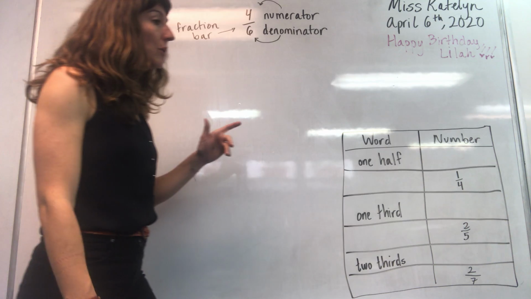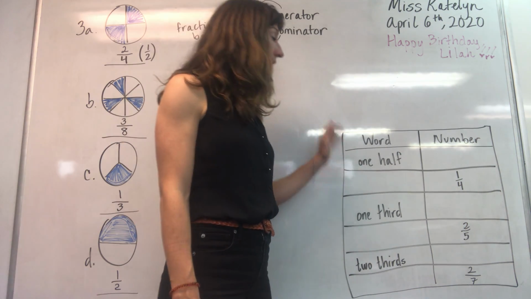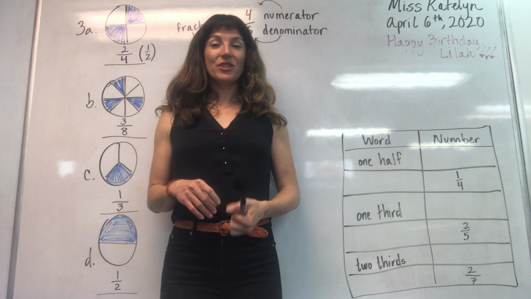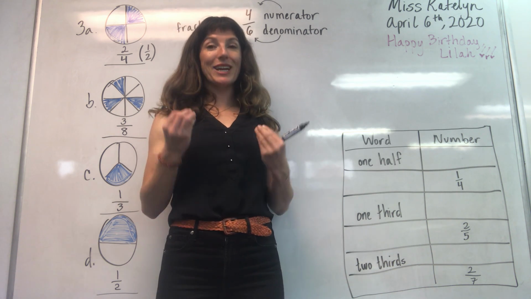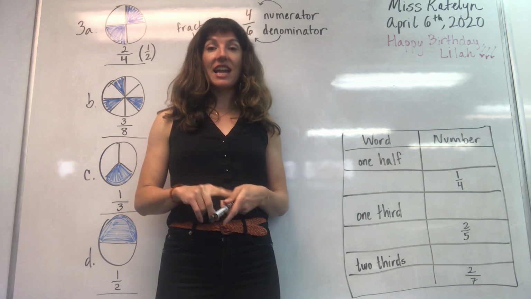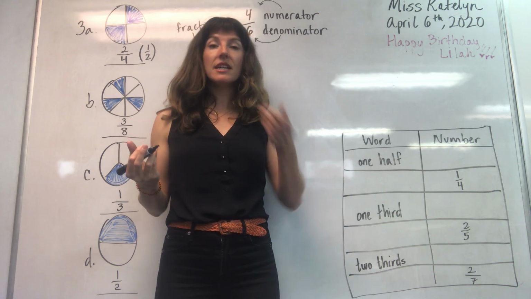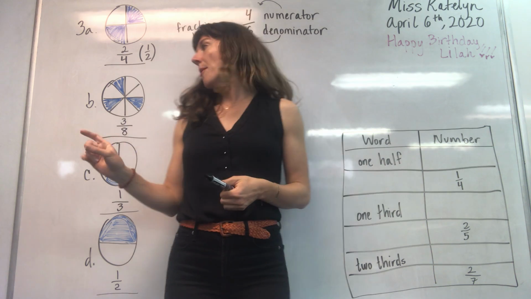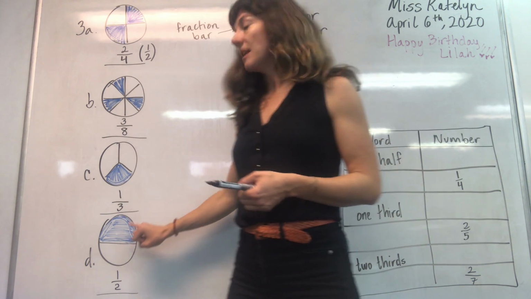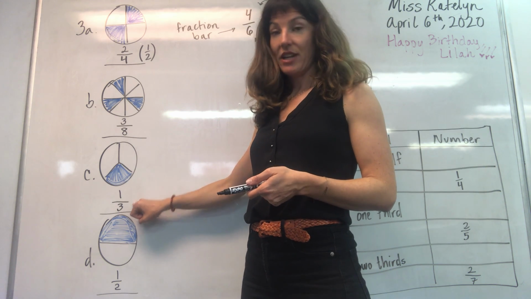Okay, so here we go over to section 4. This is where we start to learn how to speak fractions, okay? There are two special denominators that have special names. That's number 2 as your denominator and number 3 as your denominator.